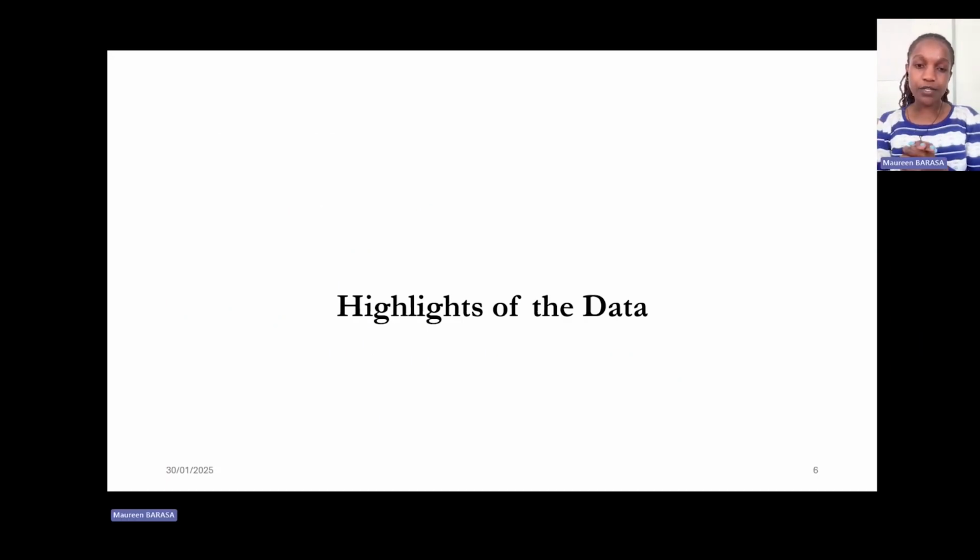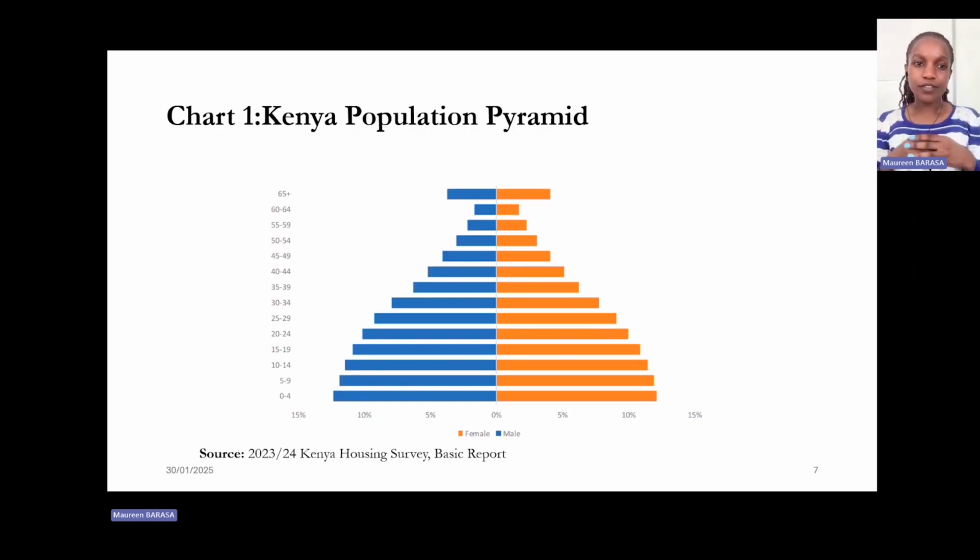So just to provide a bit on the highlights of the data, what the data contains, all the way from demographics to the amenities. First of all, you'll be looking at the Kenya population pyramid. So from the 51 million people in Kenya, it's been highlighted in terms of male and female.